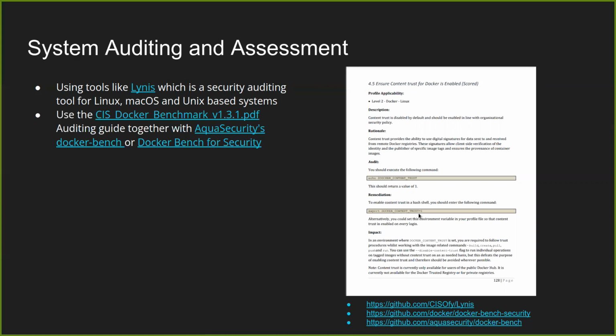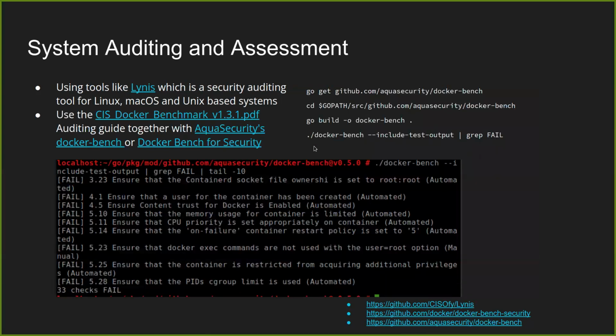So this document goes hand in hand with either one of these tools: Aqua Security Docker Bench and also Docker Bench for Security. Docker Bench for Security is Docker's tool, and Docker Bench is run by Aqua Security. These tools, when you run them, will give you all those tags.